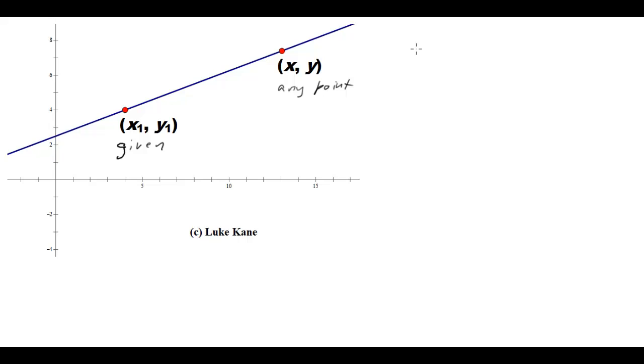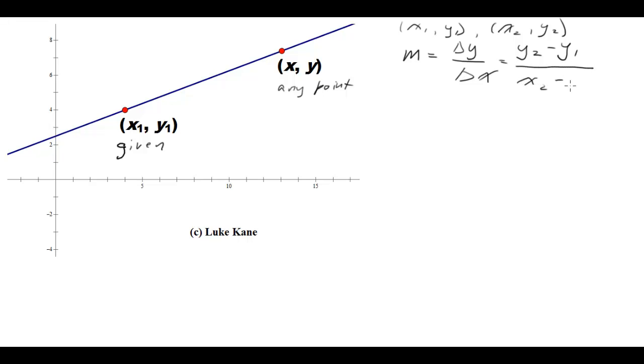Now, if we remember the equation for slope, it's the change in y over the change in x. So we have a point x1, y1. We have another point x2, y2. And the change in y is y2 minus y1, and the change in x is x2 minus x1.